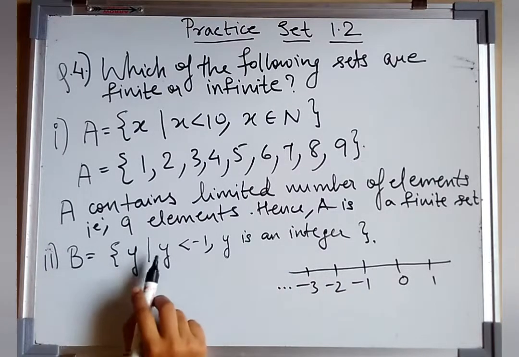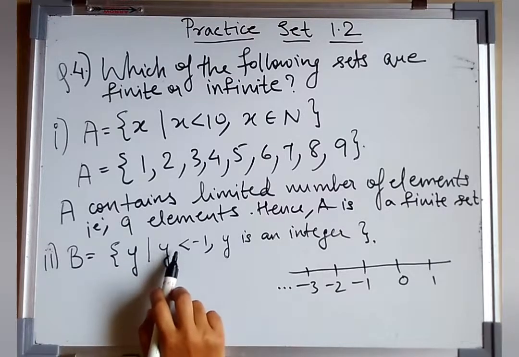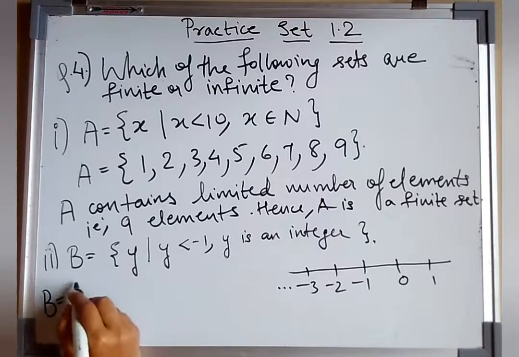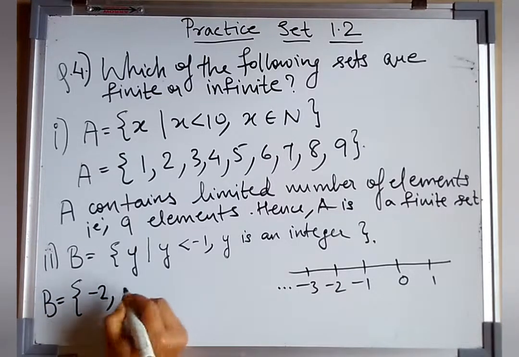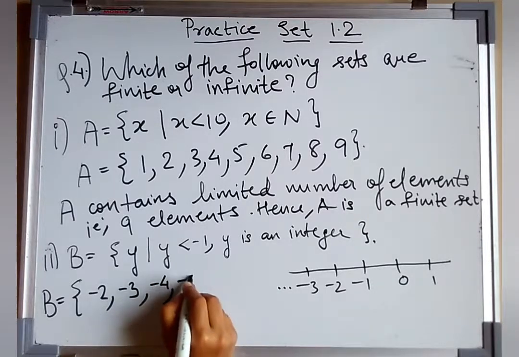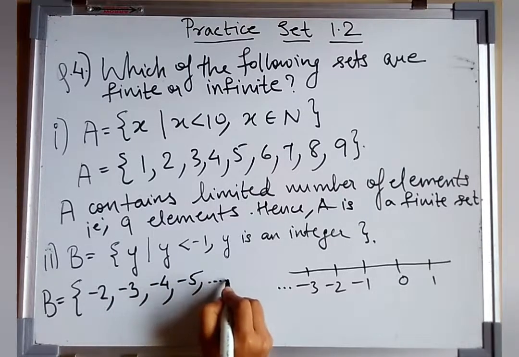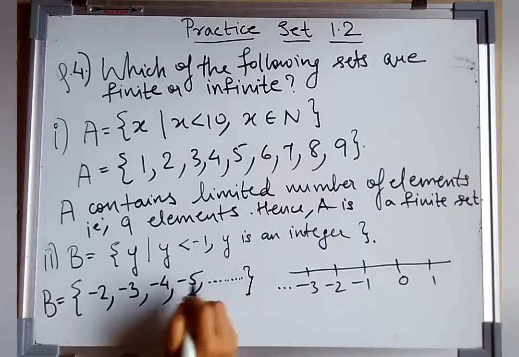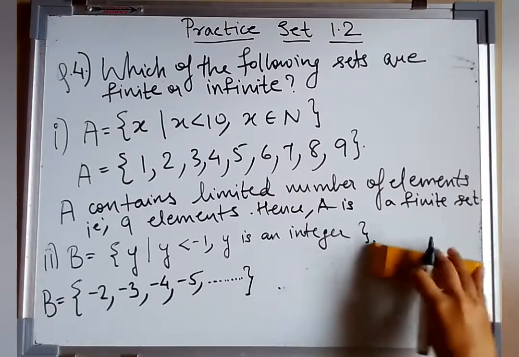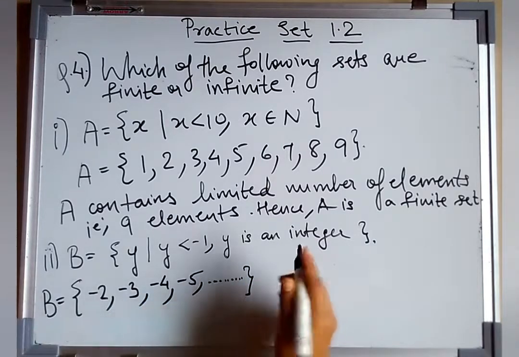So we need all such integers such that it is less than -1. That means B contains -2, -3, -4, -5 and an unlimited number of elements. So this set is infinite.